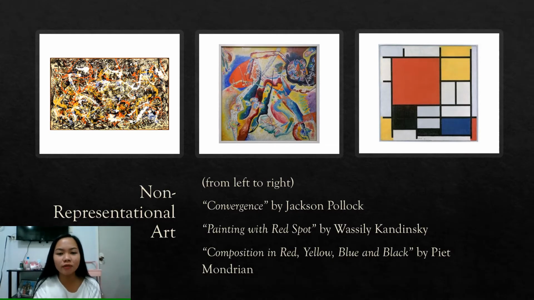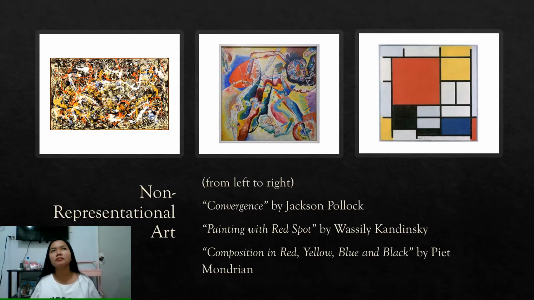So this one from left to right, the first one here is entitled Convergence by Jackson Pollock. And Jackson Pollock is known for abstract works, artworks. So, you can't really understand what he meant by that painting, right?